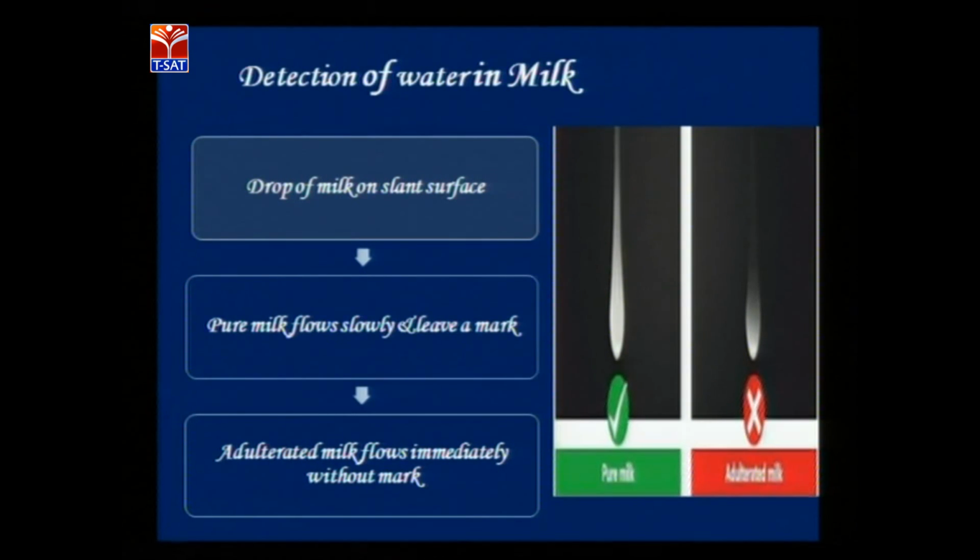I think you may have the habit of drinking milk, tea, Boost, right? We prepare all these drinks from milk. Our milk is adulterated with water, detergents and starch, but mostly it is adulterated with water. How can you detect water in milk? For the detection of water in milk, you have to go with a test.